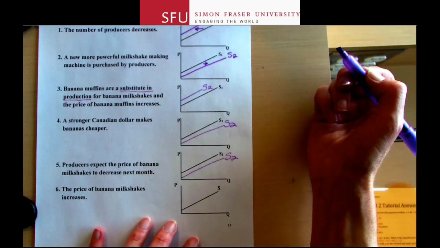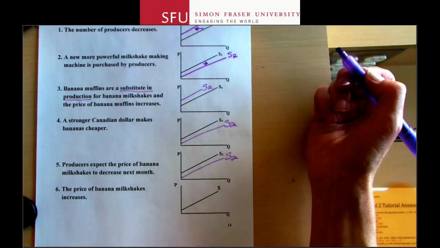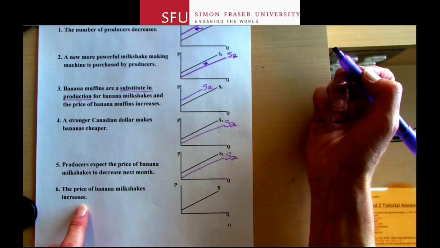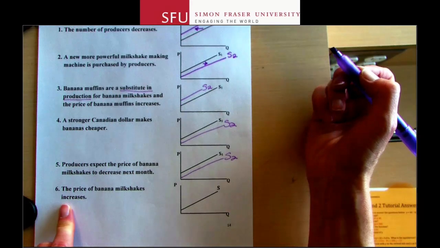Last one, the price of banana milkshakes increases. What's that going to do? Yeah, so they're going to want to make more, but it's not a shift. It's a price change.